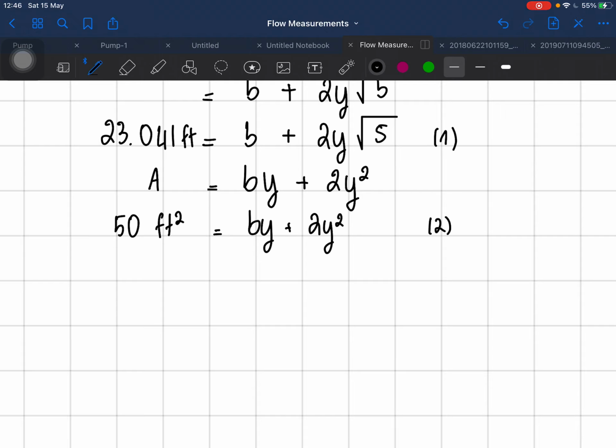Should I do something to... So if we solve it manually, this one would look like something like this: y times b plus 2y, right? But we need this term to be 0.